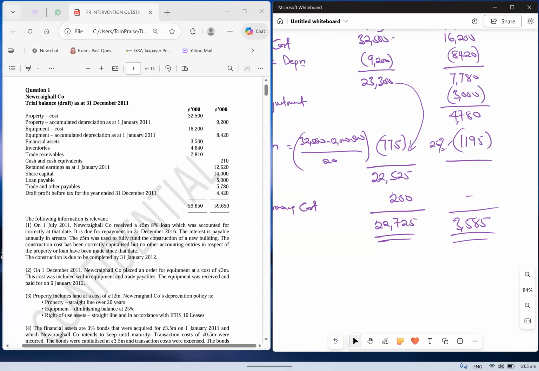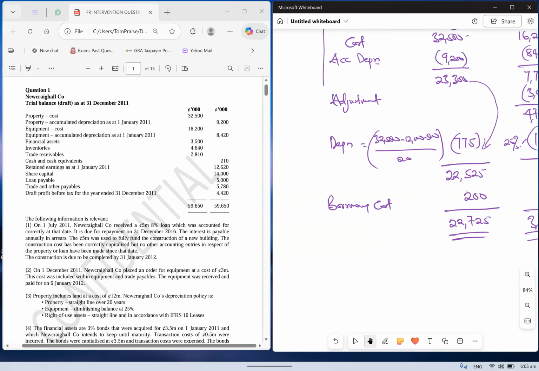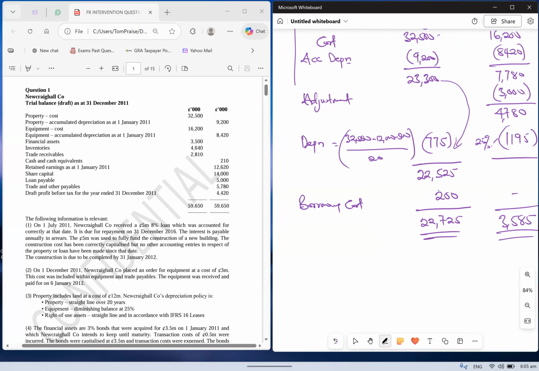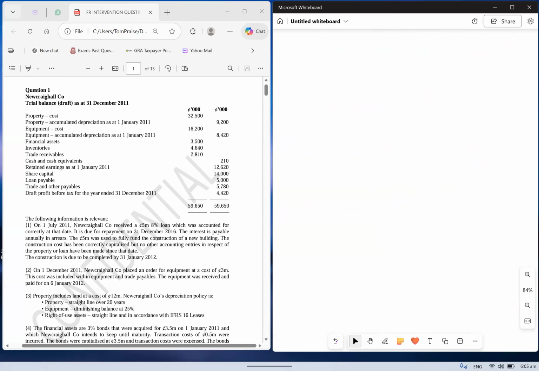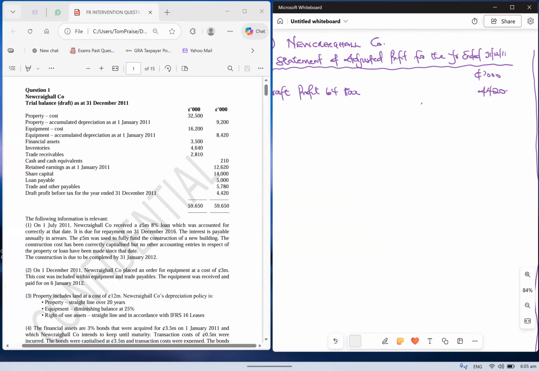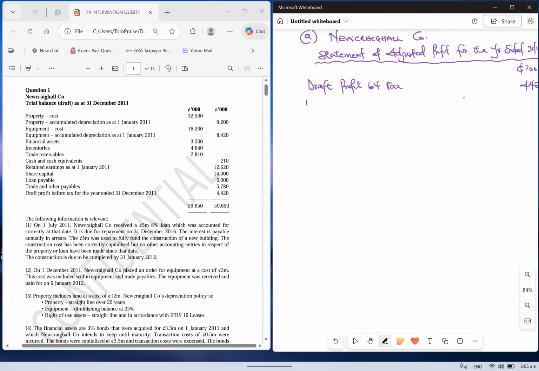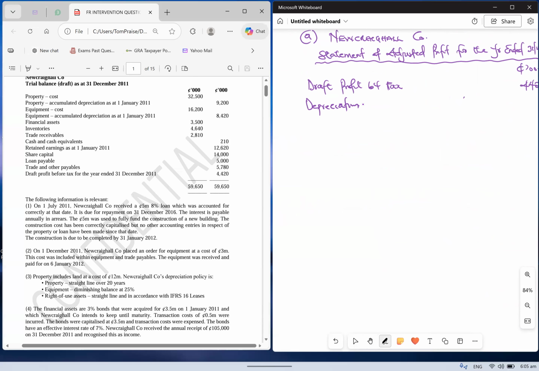All right. So basically, that is that. What you've seen here is issues of depreciation. You just have to be careful. Now we know that we need to subtract a depreciation from our draft. So where's our draft? You are taking away depreciation. We are left with another one, the right of use, so we will do that one quickly. We have the property. You can even put it together and say depreciation of PPE.